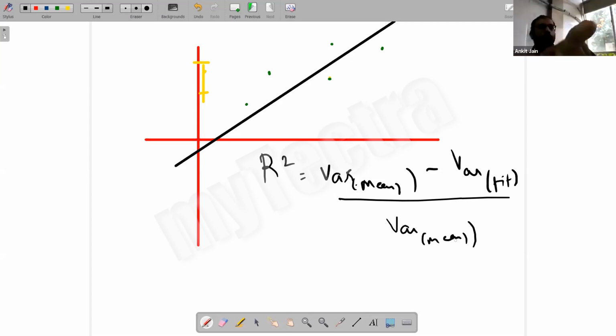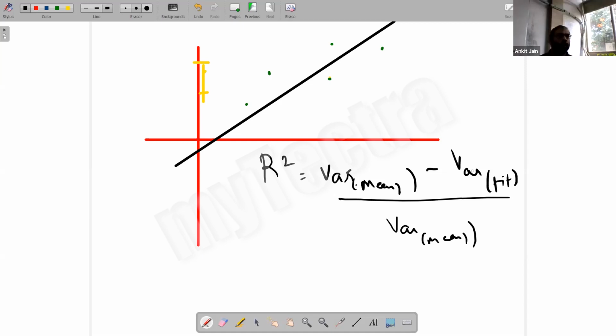Out of these two, the one which gives me the higher reduction, so that the value of variance of mean minus variance of fit is higher, that I will choose as my model. Does it make sense intuitively to all of you? So basically, I will choose that model which gives me the most reduction in the variation of the mean. Is it clear or not?